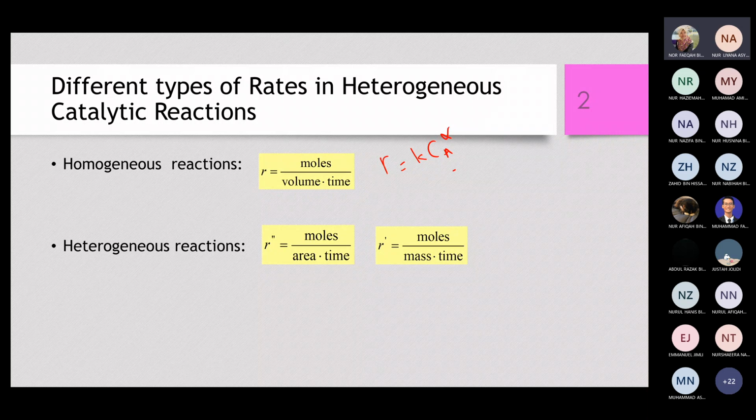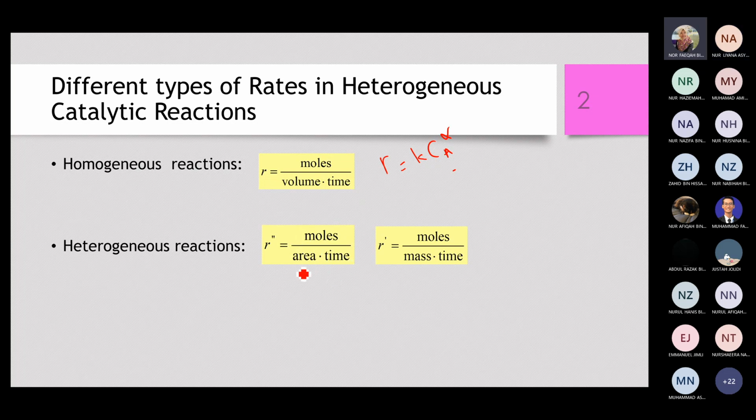And then heterogeneous, because it involves the catalyst, so we need to consider the reaction on the catalyst surface. Therefore, for heterogeneous reaction, usually we will write the rate law based on the rate reaction of moles per area per time.